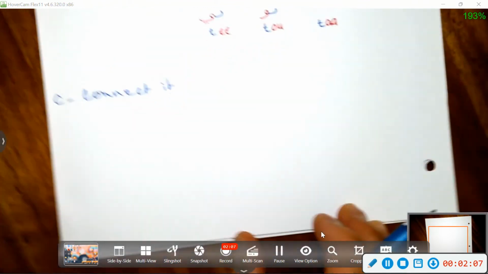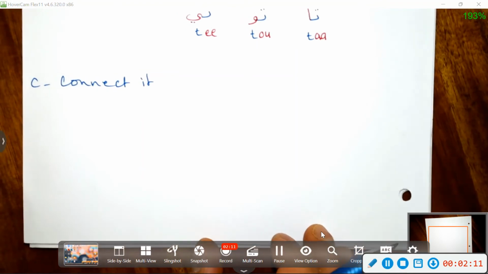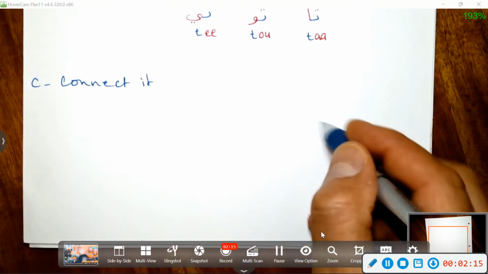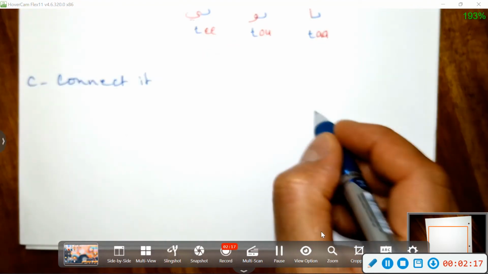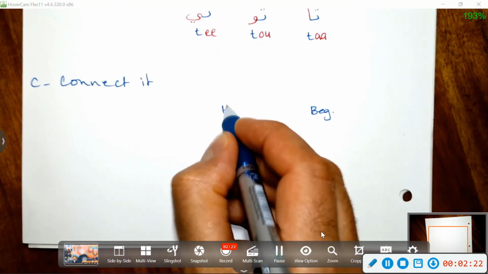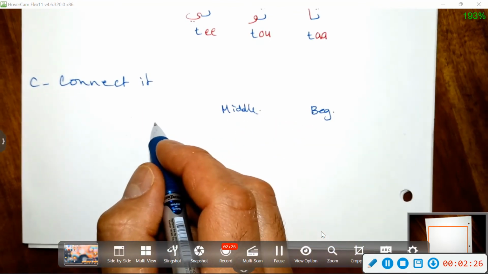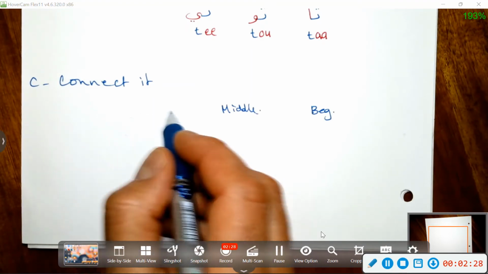And how to connect it. At the beginning, this is in the middle, and this is the end.